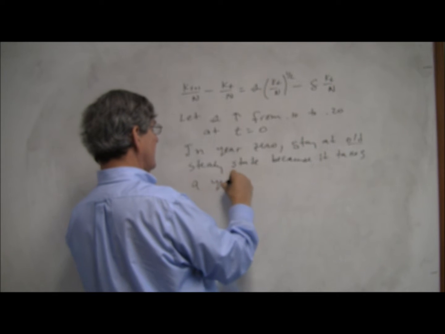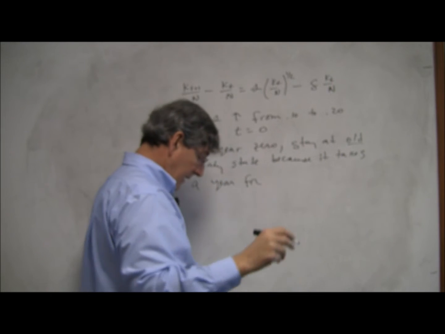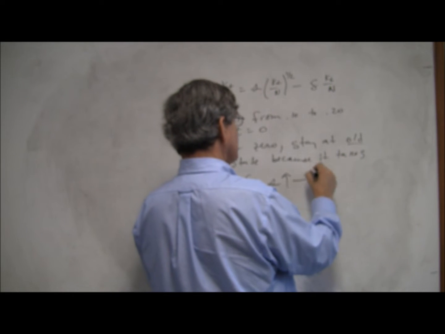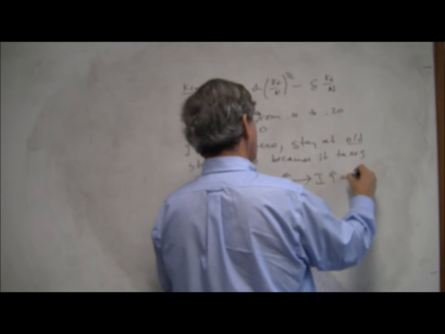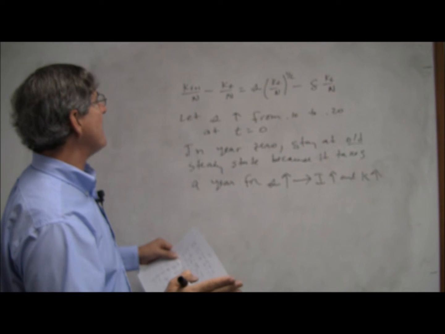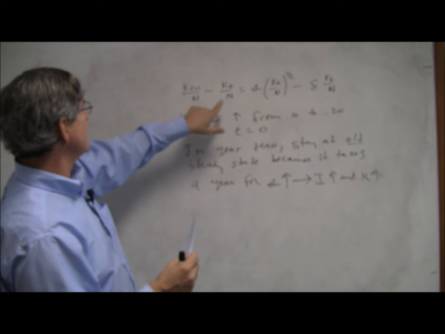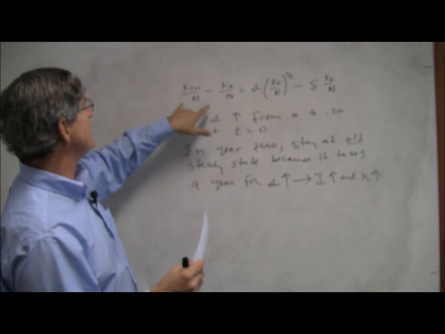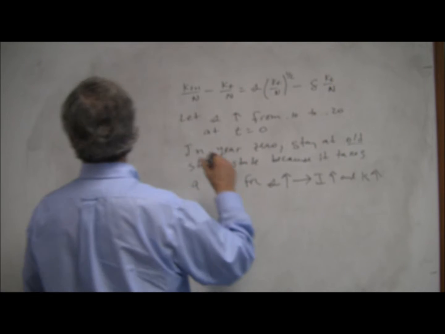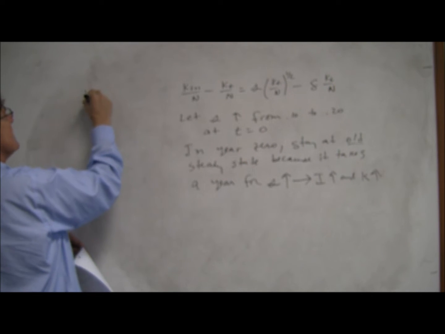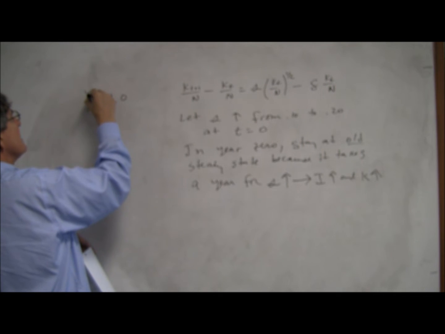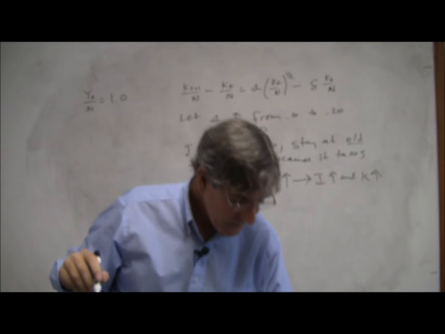It takes a year for an increase in savings to cause an increase in investment and an increase in the capital stock. And so in the year this happens, the capital stock doesn't change yet. It's not going to change until the next year. Okay, so in year 0, y0 over n equals 1.0, just like before. There's no change in the steady state.